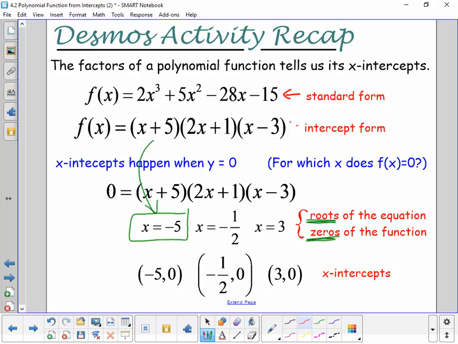So the zeros, they're called zeros because they are the values that make the function equal to 0. So our first 0 is -5, our second 0 is -1/2, and our third 0 is 3. And again, these are the same as the x values of the x-intercepts. So when you hear the word 0 or root, those correspond with the x-intercepts and each of the factors of the function.